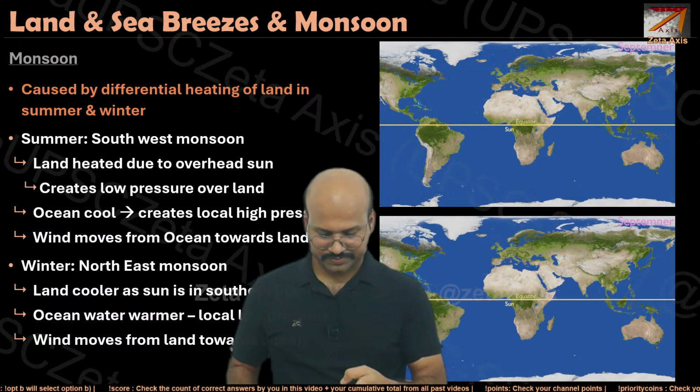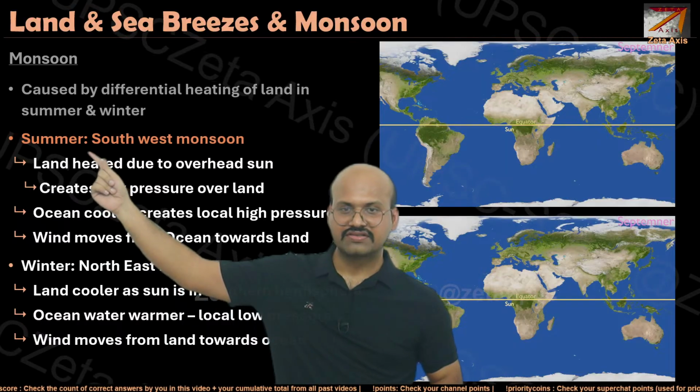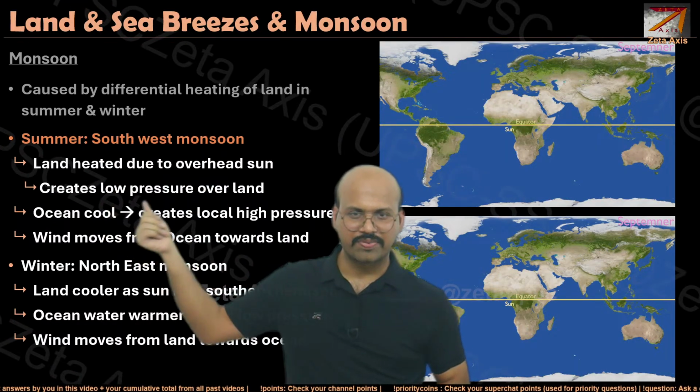Okay, so summer southwest monsoon, because land heated due to overhead sun, creates low pressure over land.